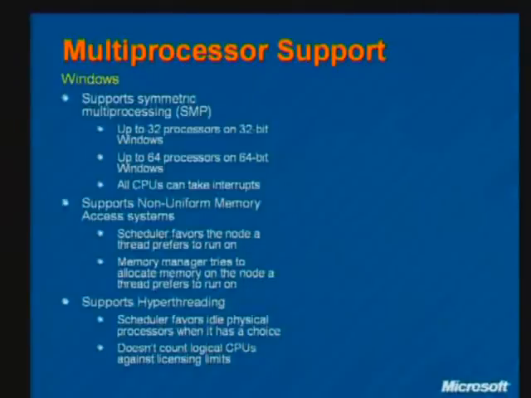Windows also supports hyperthreading, or SMT processing, and that's where the processor actually is a single processor, but it appears to the system as two processors. Intel Pentium 4 Xeon systems come in this flavor, and the scheduler has to be aware of this kind of configuration, because if you have two physical processors that look like four system processors to the operating system, you can have a scenario where there's a thread busy on one of those physical processors, let's say, logical processor 0.